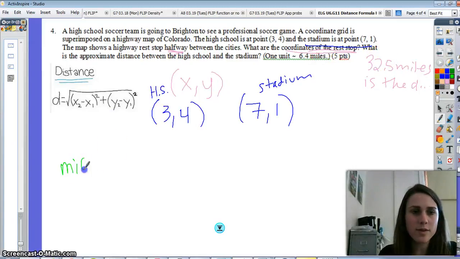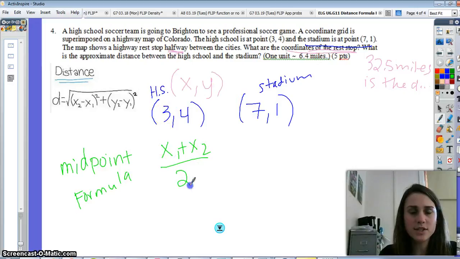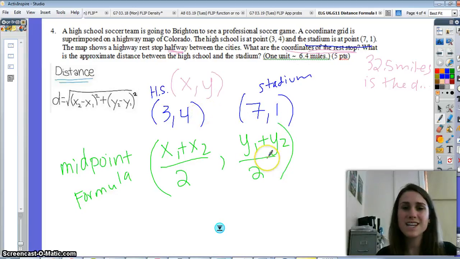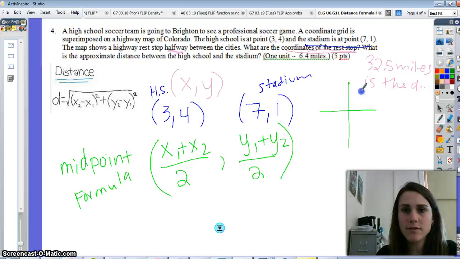Now the midpoint formula simply tells us to add the x values, so x1 plus x2, and divide them by 2. That will give us our x coordinate, and then we're going to take the y values and add them together, divide by 2. So we're taking the average of each of those. If you were to graph this, the x value is halfway between these two x coordinates.